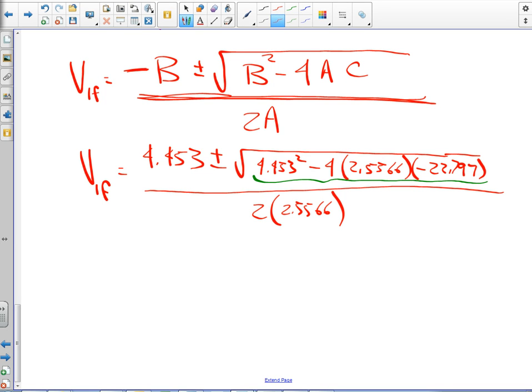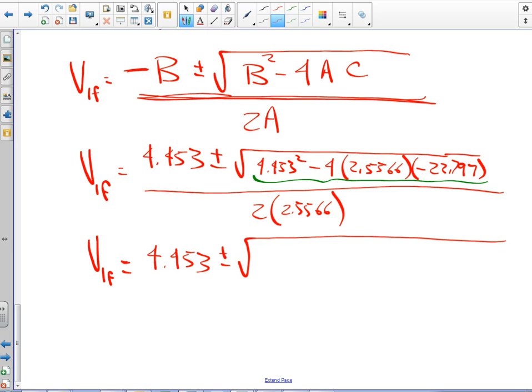I usually work pretty deliberately, so I try to avoid mistakes if I can. 4.453 squared gives me 19.829, plus, and I know it's going to be plus because that's a negative, that's a positive, and that's a negative.